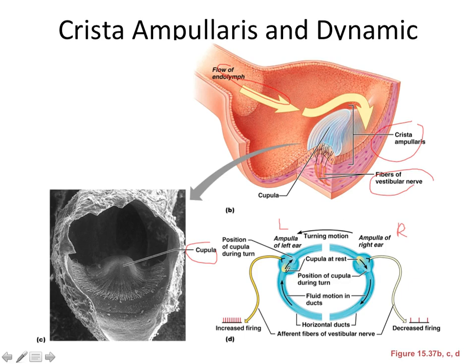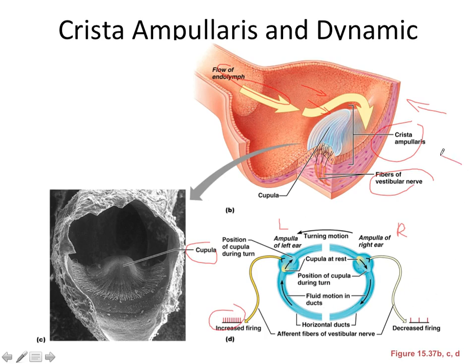So we can see, for the left side, the ampullaris may be hit this way. However, for the right, the ampullaris may be hit this way. For this direction, that may cause an increased action potential.